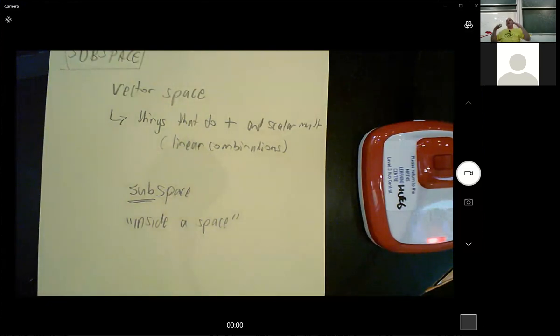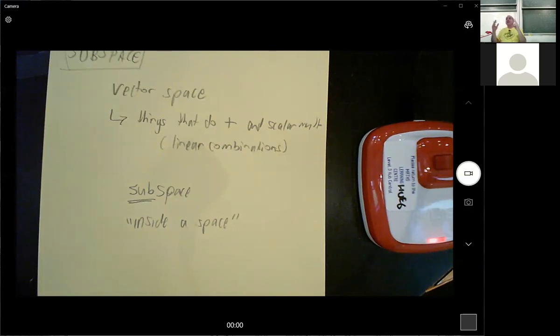Sub is Latin for below, or after, or inside. It's like anything that's sort of subsequent, that's what the word sub in subsequent means. Anything that's subsequent to another thing, that's what sub means. And in mathematics, if you say sub thing, it means one of these things, but it's inside another one.